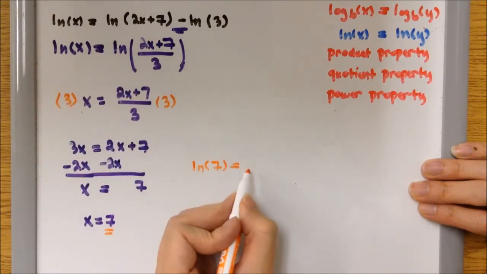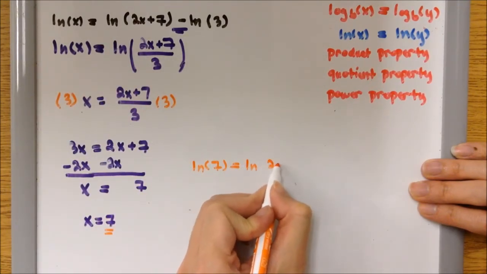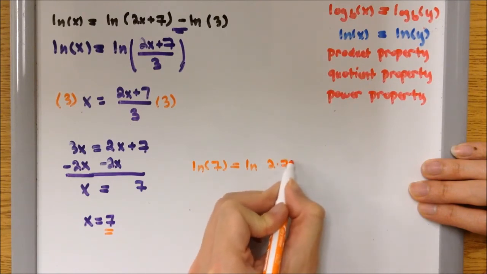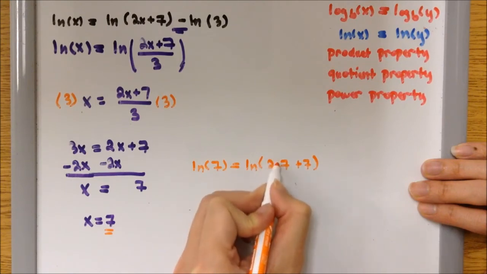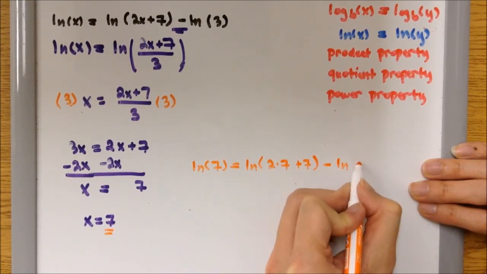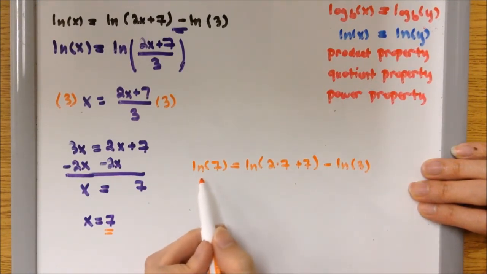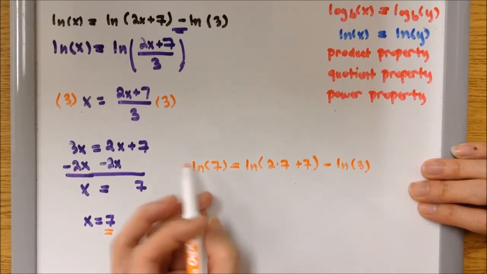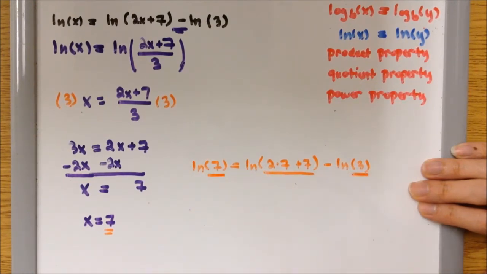And then on the right side, it's going to be natural log of 2 times 7 plus 7, and then minus natural log of 3. So when we check, we have to make sure that what's inside the parenthesis is positive and not 0.